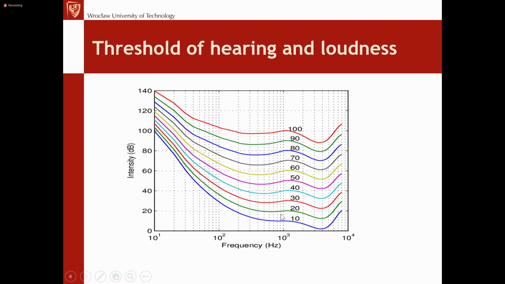So, for example, when we are talking about equal loudness curve number 50, it means isophone 50 phones.